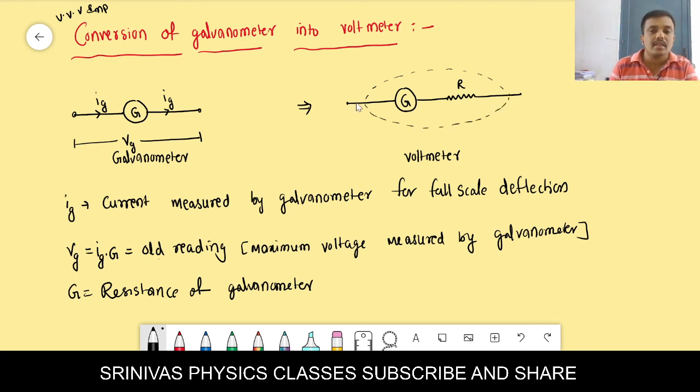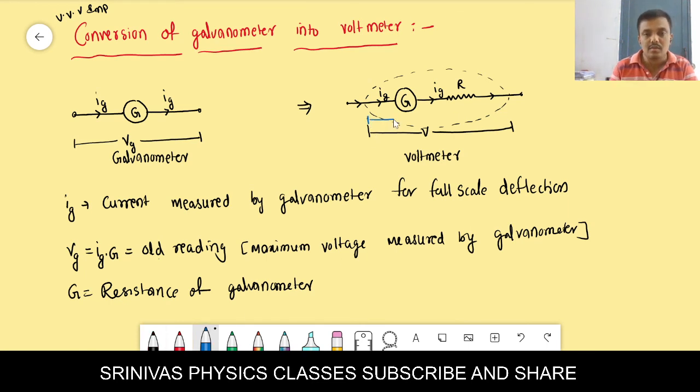The current passing through the galvanometer is again Ig only, the maximum. Now the total voltage, the new voltage, is V, not Vg, because here there are two things.